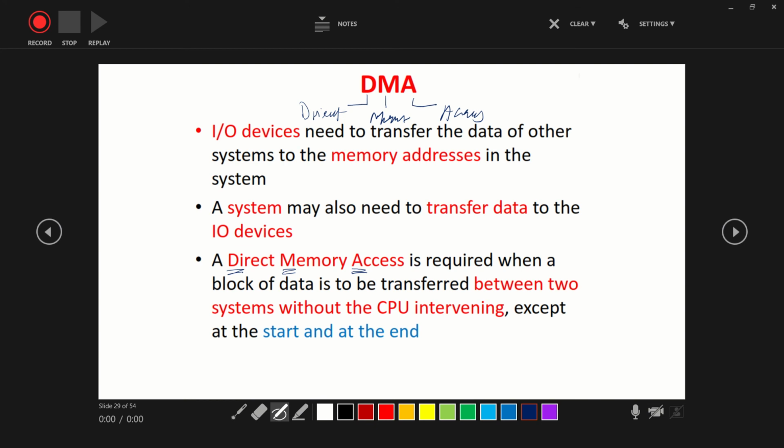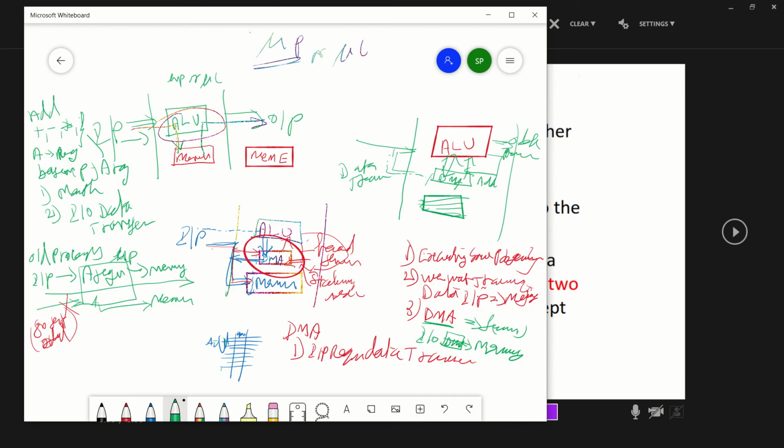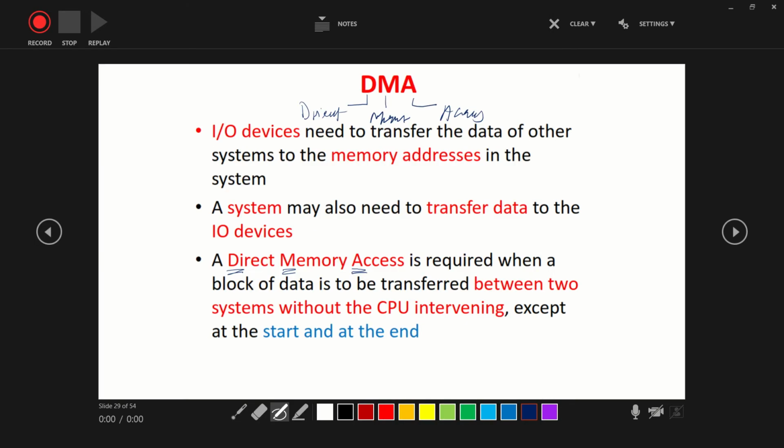By using this technology, the effective usage of the ALU will be increased. The IO devices need to transfer data from the system to memory.